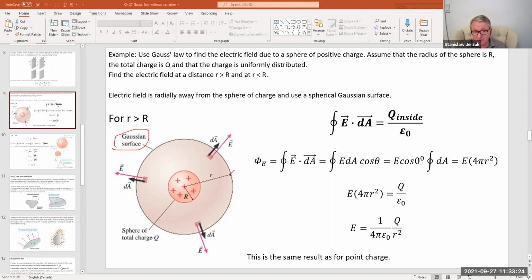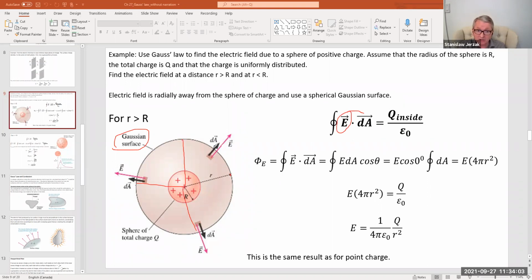The most convenient surface here is a spherical surface surrounding that volume of charge. You see just a cross-section, a circle, but it's a three-dimensional surface. Every point on that surface is the same distance from the center of the sphere, and for that reason, we expect that the magnitude of electric field on any point on that surface is the same.